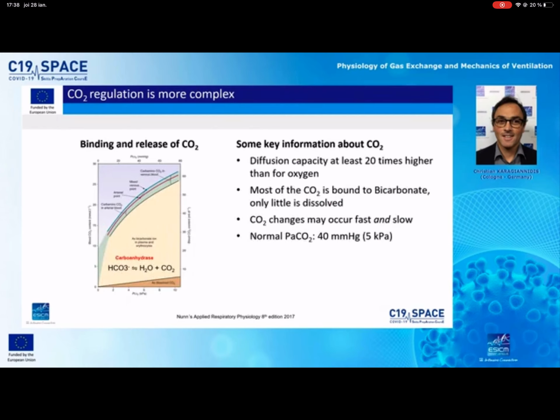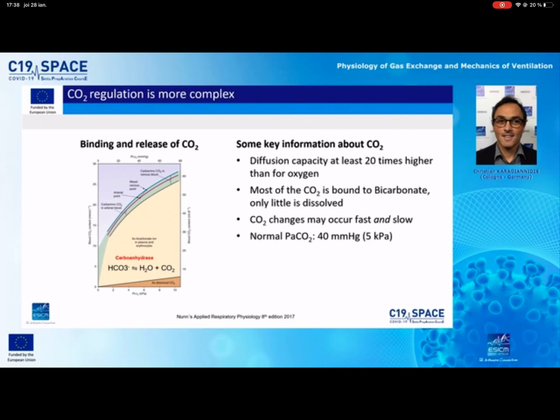In contrast to oxygen, the CO2 regulation in the body is much more complex. Some key information about CO2: the diffusion capacity is at least 10 to 20, maybe 30 times higher than for oxygen. And most of the CO2 is not dissolved in the blood, but it's bound to bicarbonate.